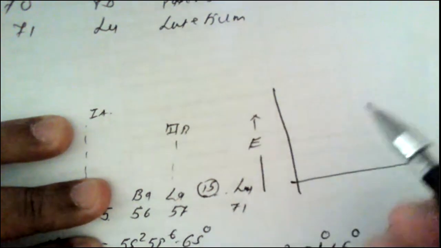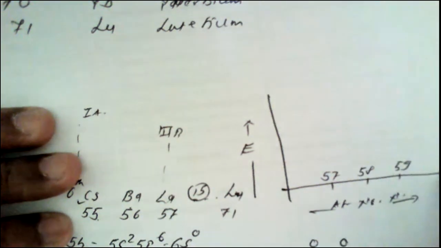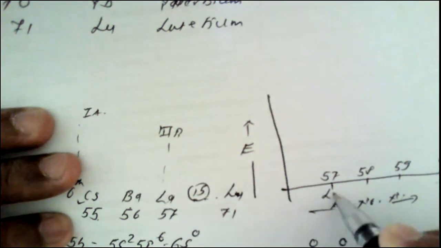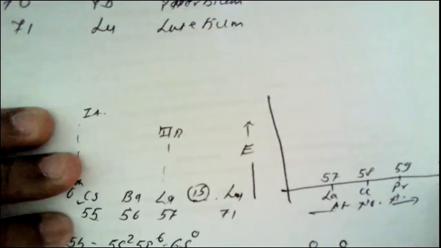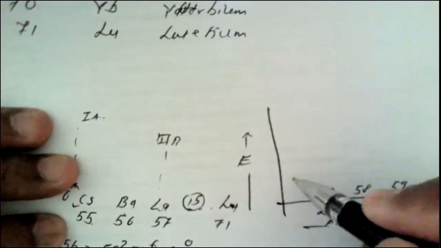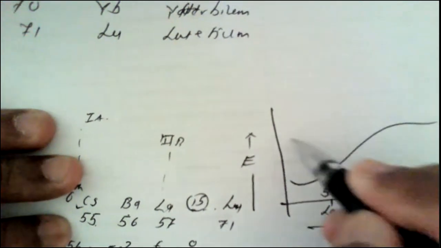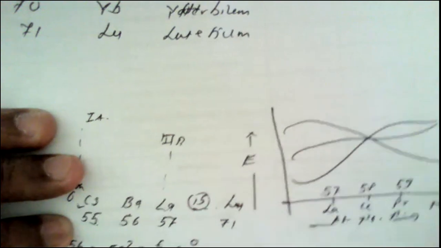Say, for example, this is the increasing energy of different orbitals, and these are the atomic numbers of the elements 57, 58, 59, and 60, that is, lanthanum, cerium, praseodymium, neodymium, and these are the different energy levels.